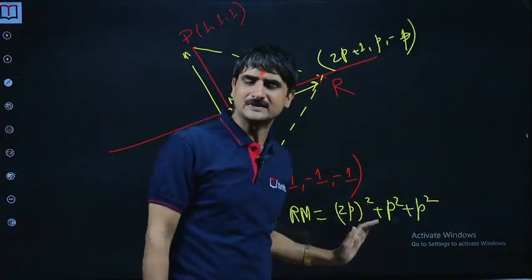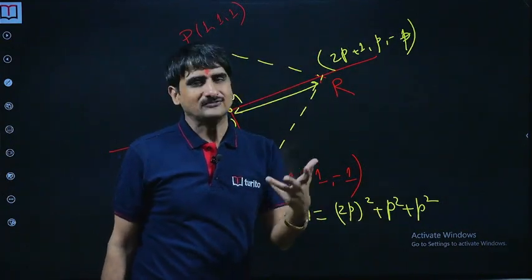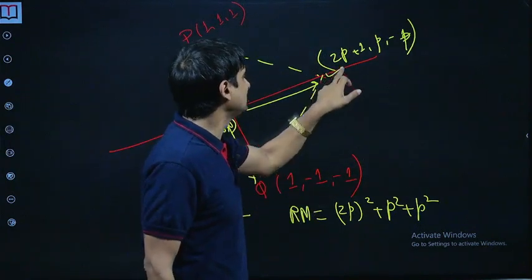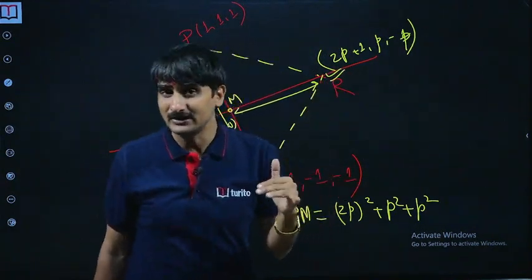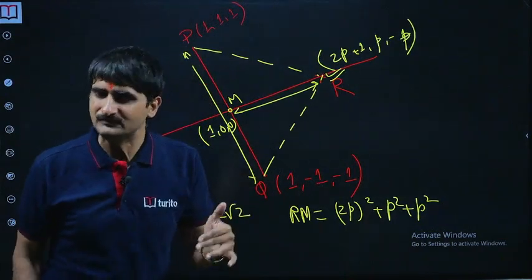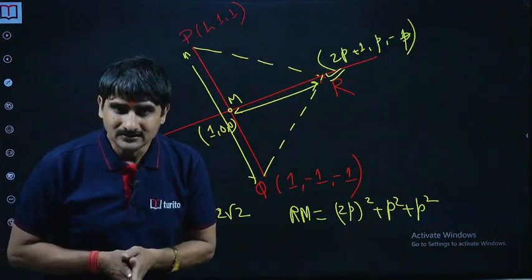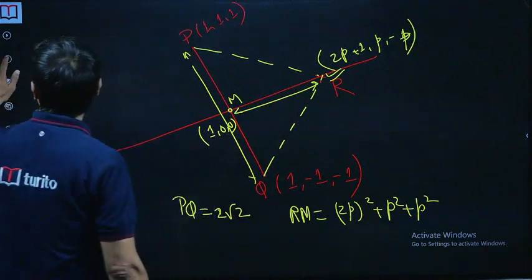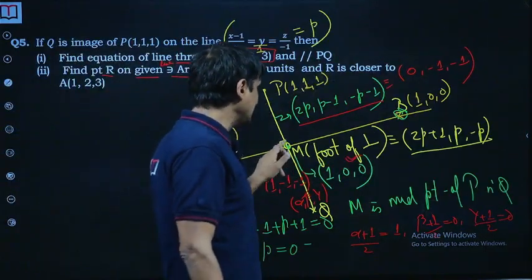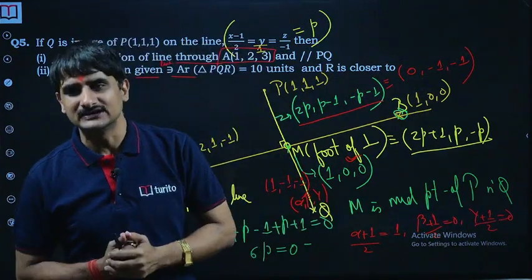So we get two different points R, then the distance from the given point A(1, 2, 3), whichever is closer to 1, 2, 3 is our required point here. So that was a question based on the image, the foot of perpendicular, and the area of the triangle, and how to use all those concepts here.